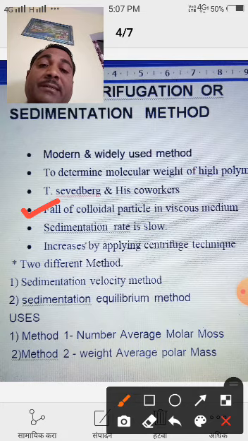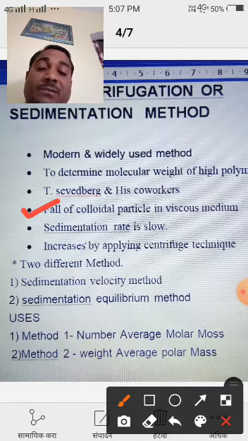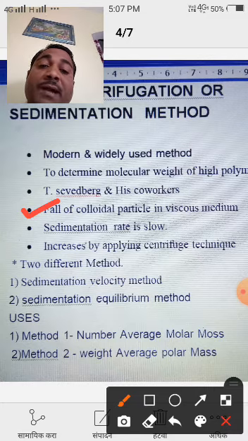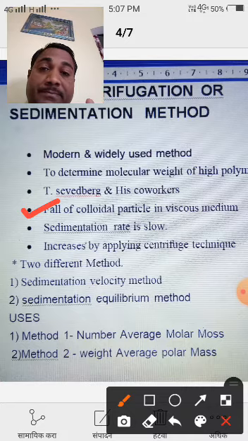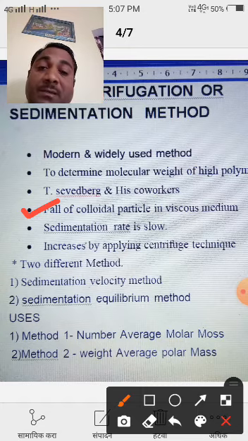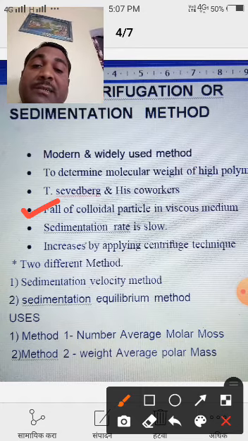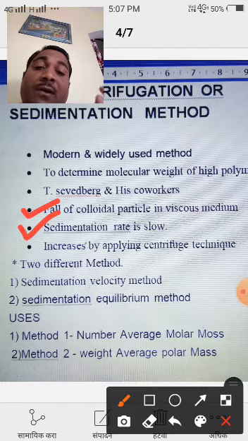In the ultracentrifugation technique, there is a fall of a colloidal particle in a viscous medium, and the colloidal particle is sedimented under the influence of gravitational force. But this sedimentation rate is low for a given polymer sample.